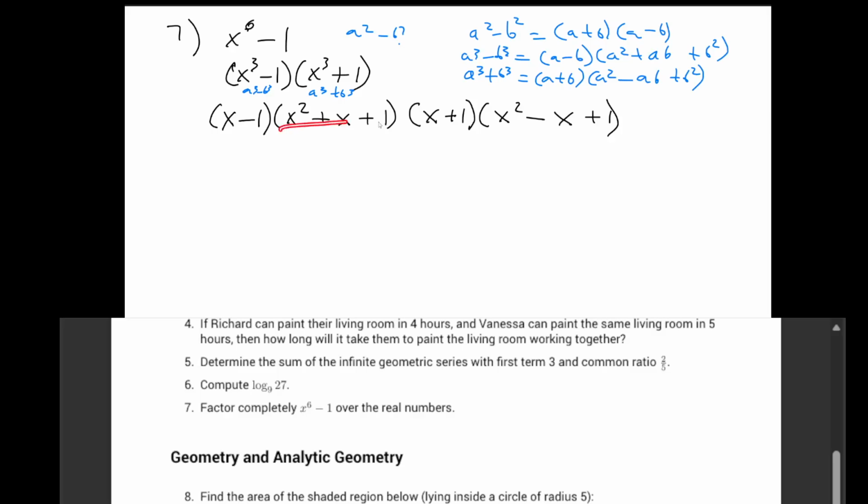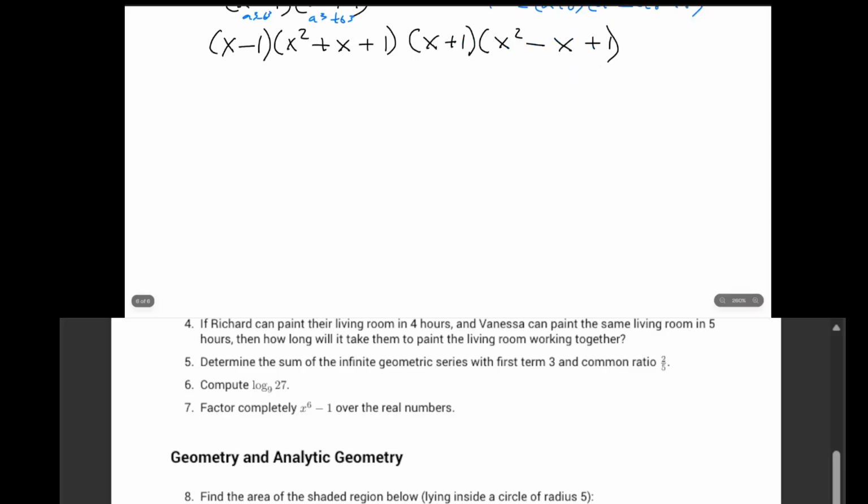If you think of each as its own quadratic equation and find the roots, they will be complex, imaginary solutions. So this is the most you can factor it over the reals. It's just using a squared minus b squared, a cubed minus b cubed, and a cubed plus b cubed. So it's a really nice way of testing the understanding, or if you know your formulas.